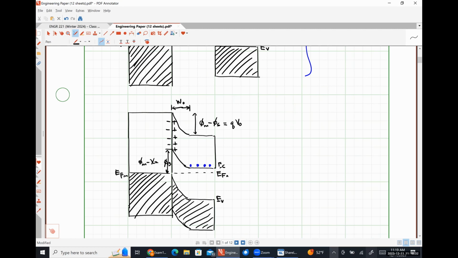Electrons that are trying to move from the metal to the semiconductor see this barrier potential phi B, which is larger than Q times V naught. This barrier right here is called the Schottky barrier.